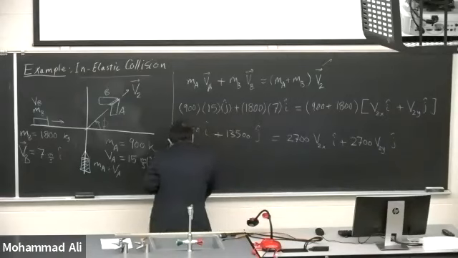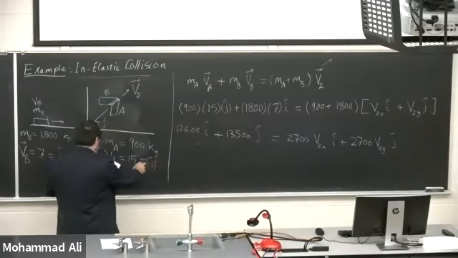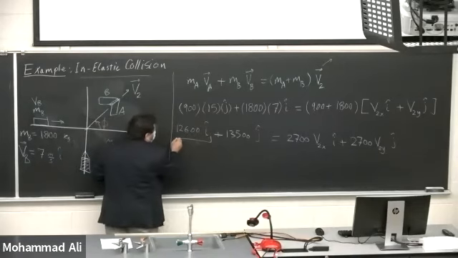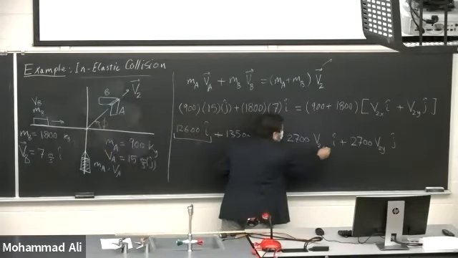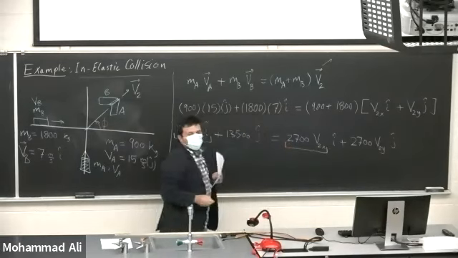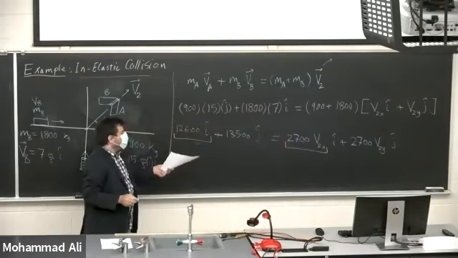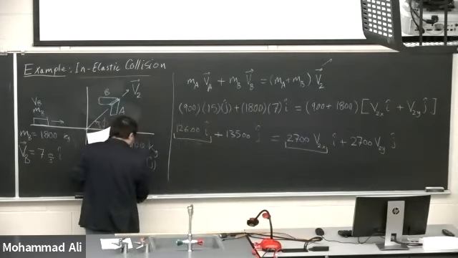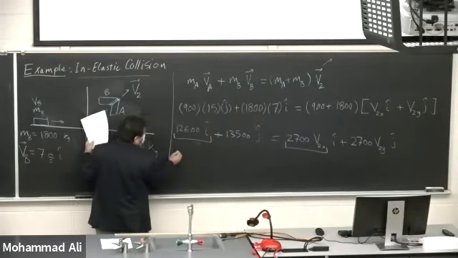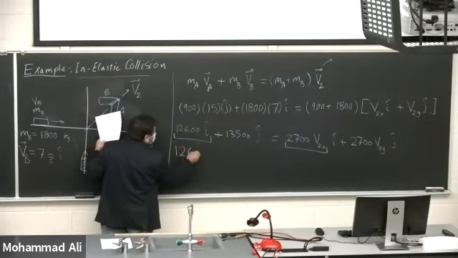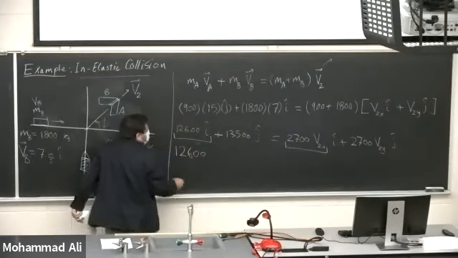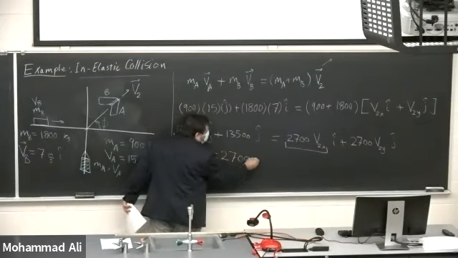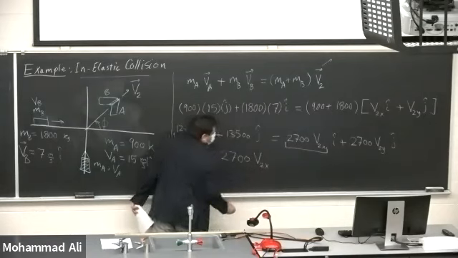Now we have two components. The one in the I direction should be equal to the I direction on the right-hand side. So we have 12,600 equal to 2,700 V2 in the x direction.